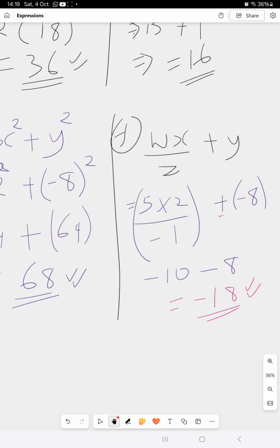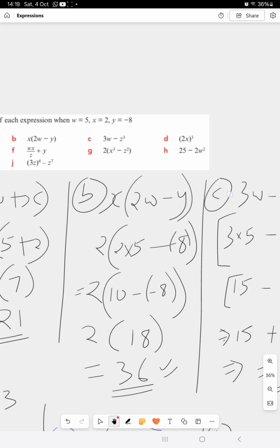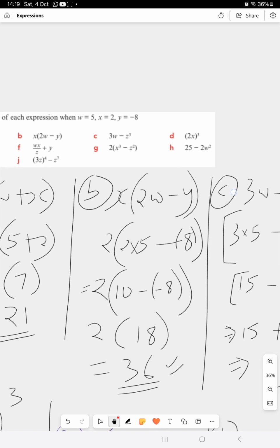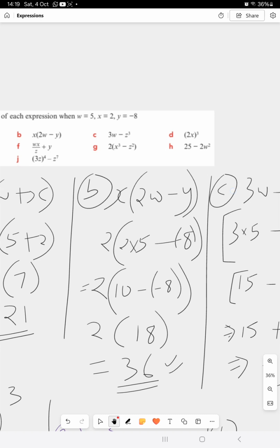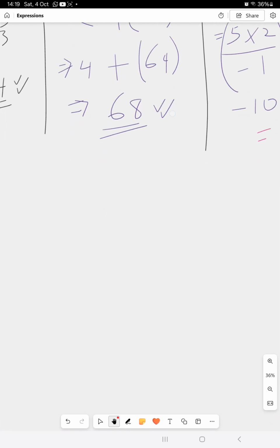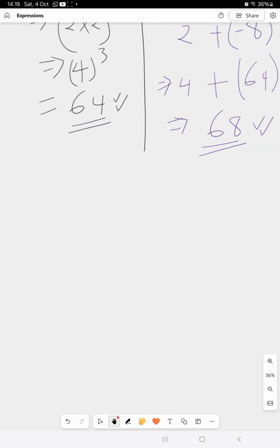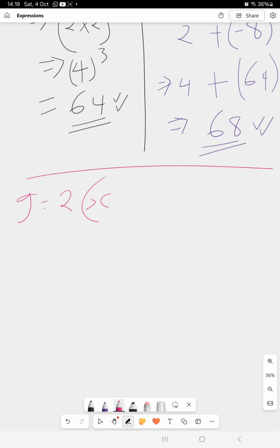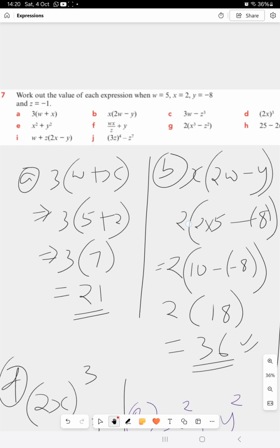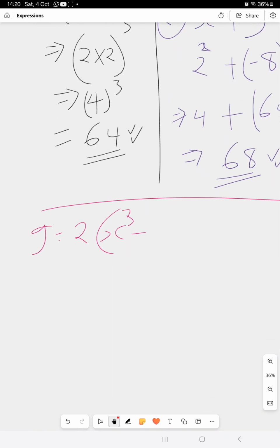The other question, very fast. Given G, it is 2 into x cubed minus z squared. How do we solve this one?